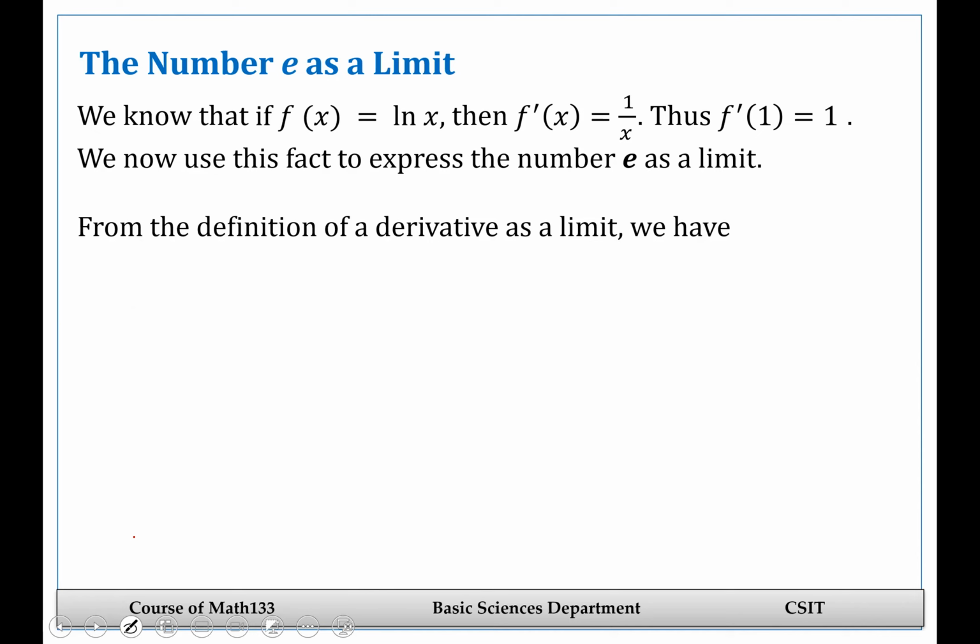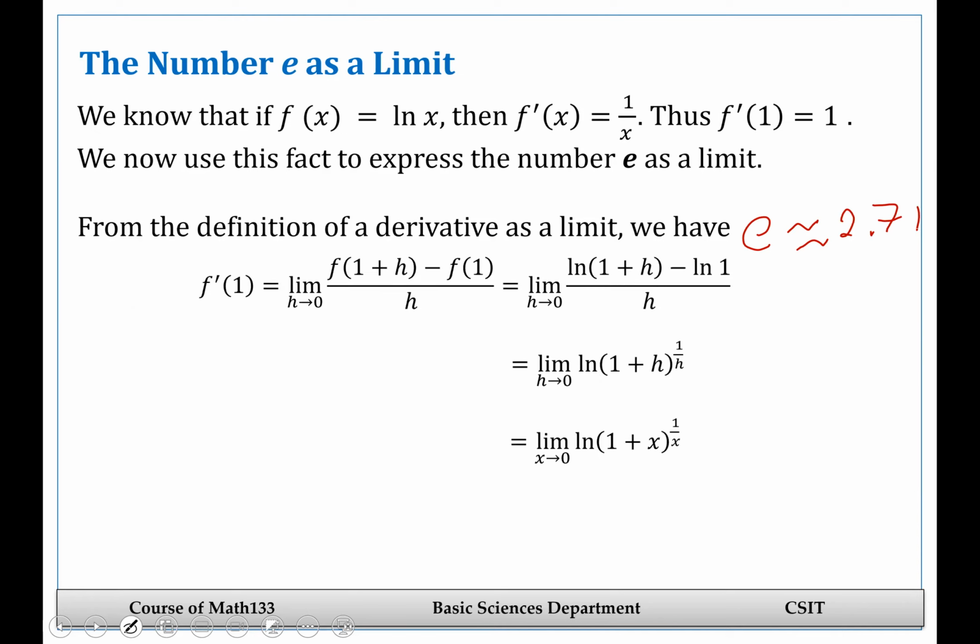So here we will make the link with the e number. e is the number equal to 2.71 and something. So we will see that we have an exact definition of this number e using the derivative.